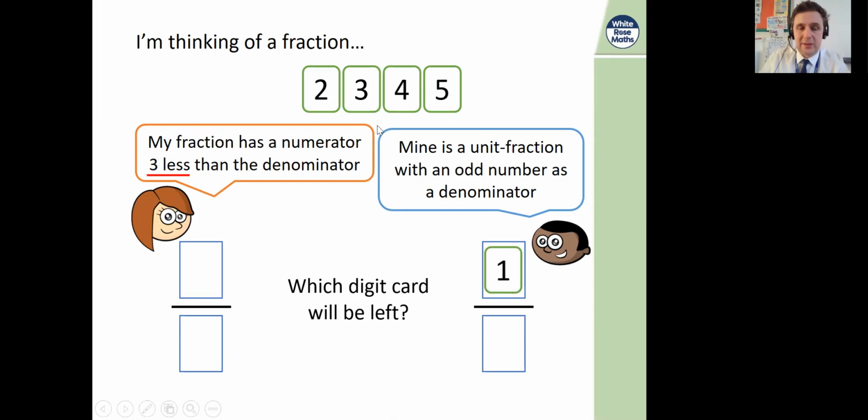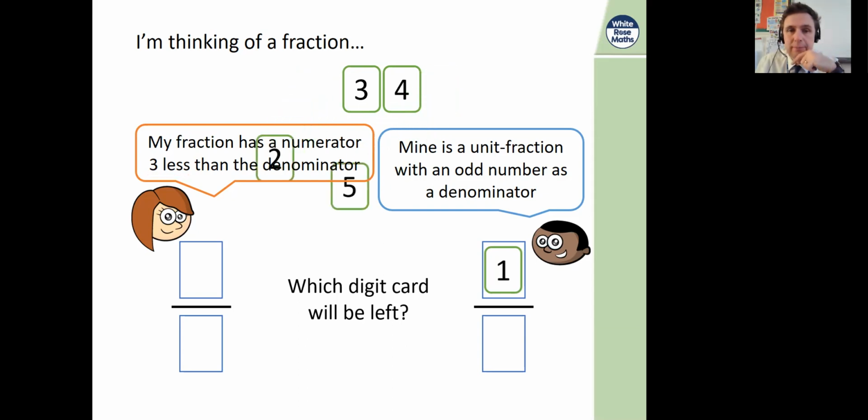Now, the girl said that her numerator on top was 3 less than the denominator on the bottom. So can we see 2 numbers that have got a difference of 3? I can. 2 and 5. 2 is 3 less than 5. So I could arrange those. Now we've got this one box left, and we've got numbers 3 and 4.